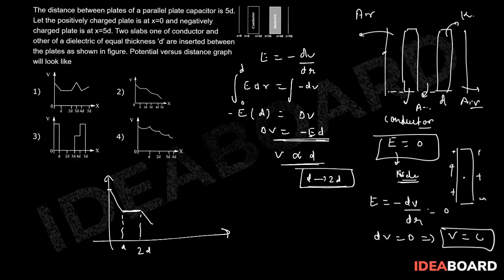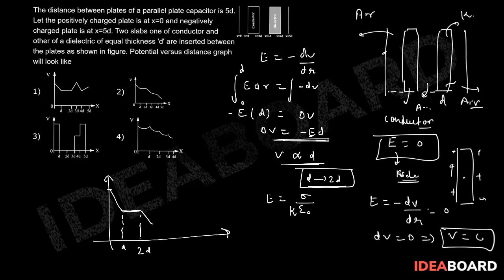Now coming to the portion where the dielectric constant K is there. For this dielectric, what will happen? We know that E is equal to sigma upon epsilon naught for air.